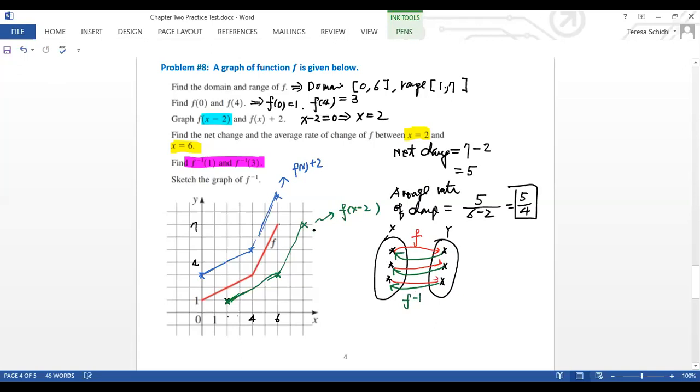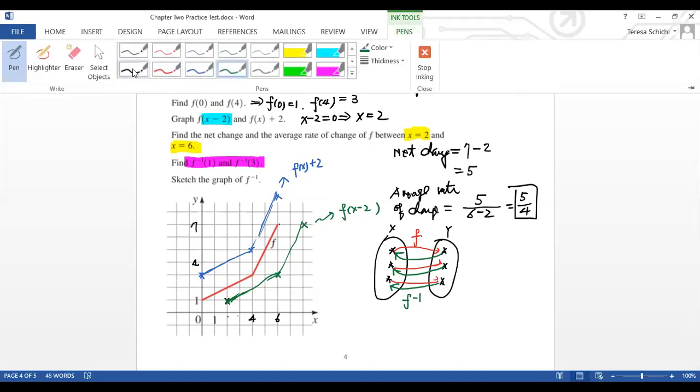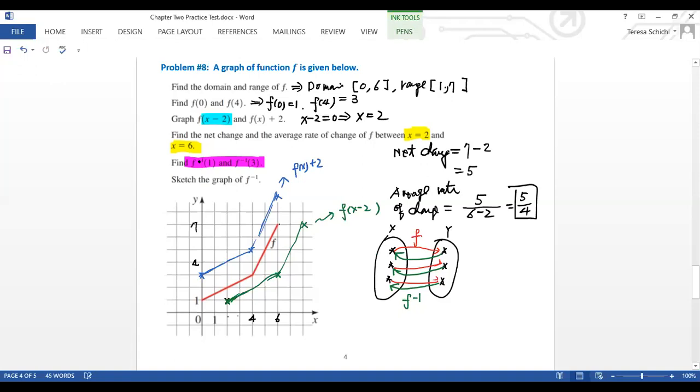Okay, so now let's take a look at these ones here. f inverse of 1, what does that mean? That means you give me a 1, and because I go backward, I want to see which x value will give y equal to 1.